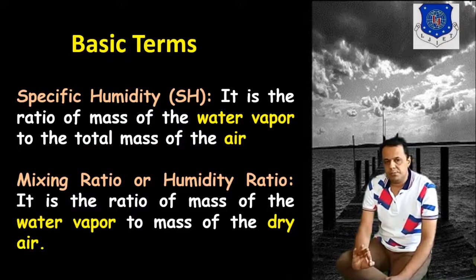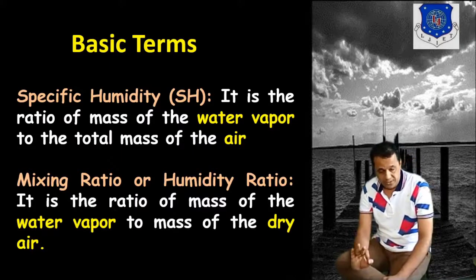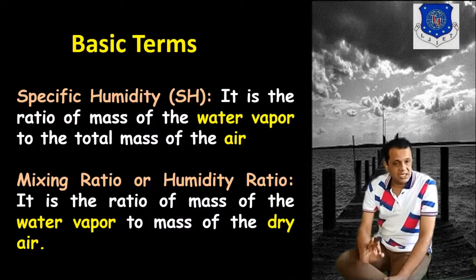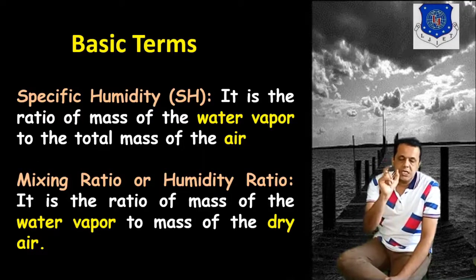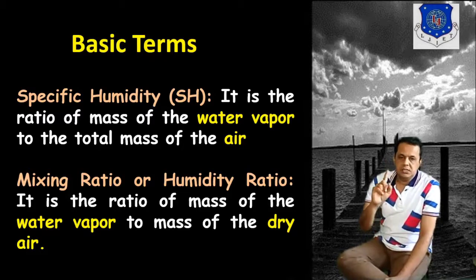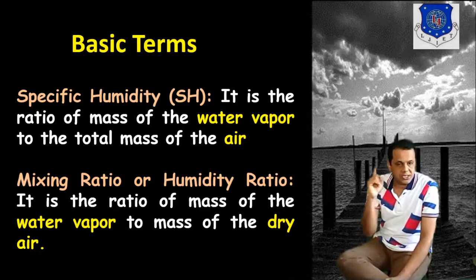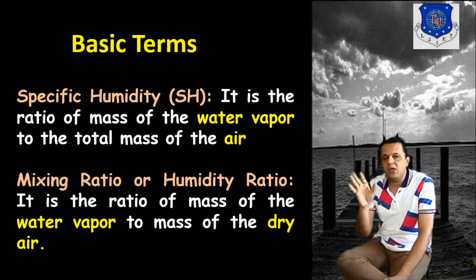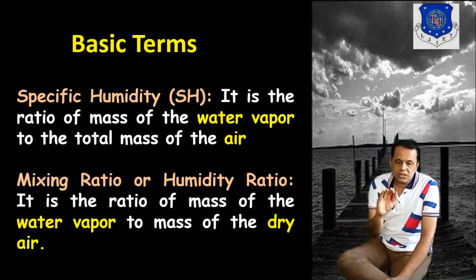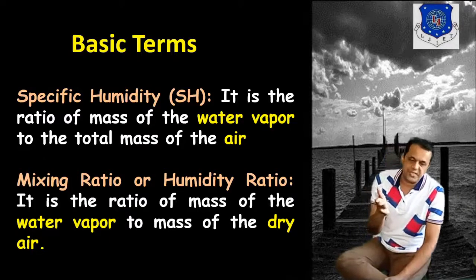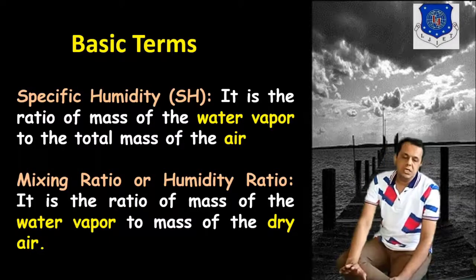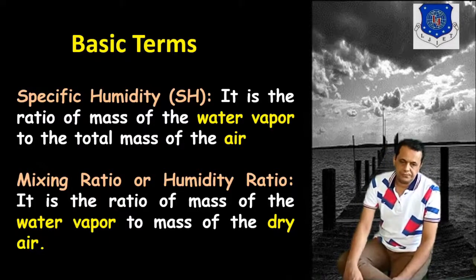It is the ratio of the mass of water vapor to the mass of air, but here specifically dry air. In specific humidity we need not consider whether it is dry or wet. So the humidity ratio may be equal to specific humidity, but specific humidity is not always equal to the mixing ratio.